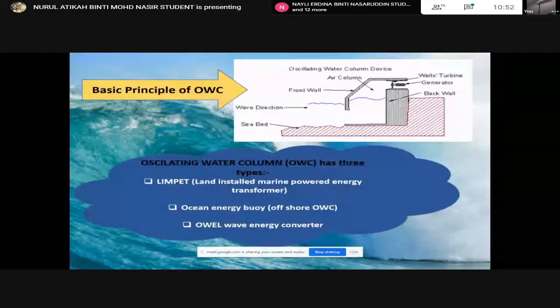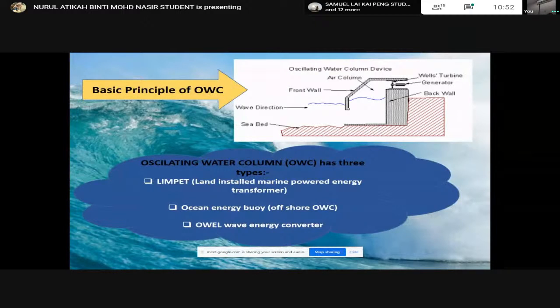Okay, based on the research, the oscillating water column has three types. The first one is LIMPET, which stands for Land Installed Marine Power Energy Transformer. The second is the Ocean Energy Buoy, and the third one is OWEL, which stands for Offshore Wave Energy Limited.